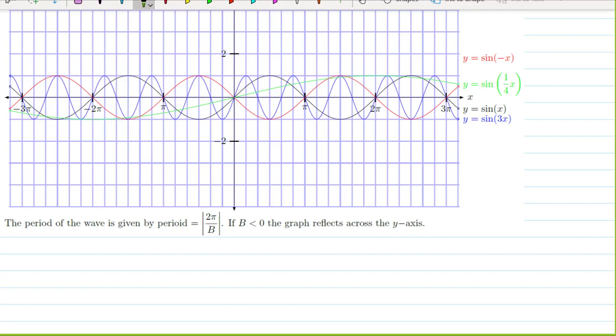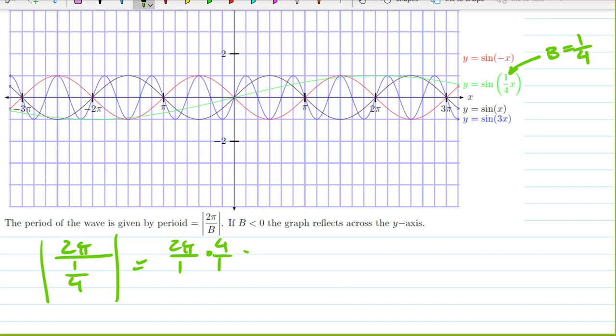If I come back to our first one, our b value would be 1/4. So our period would be 2 pi divided by 1/4 in absolute value. We can make 2 pi into a fraction by putting it over 1, and then multiply by the reciprocal, which is 4/1.